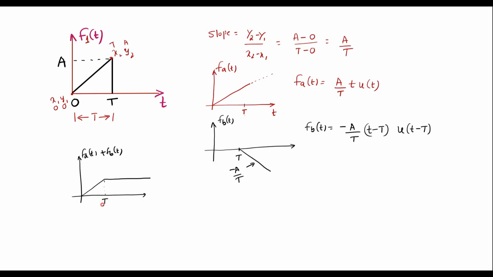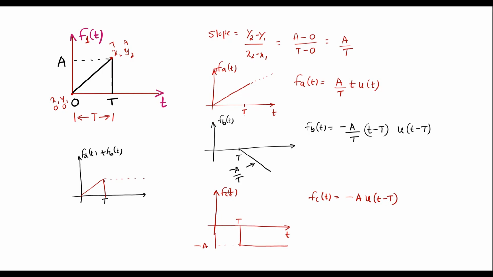To make it 0, I will add one negative step signal at t equal to T of magnitude minus A. Let that be my next signal, fc of t, which is a negative step signal added at t equal to T of magnitude minus A. Now if I add fa of t, fb of t and fc of t, the signal will become like this, because the positive step of magnitude plus A is added with minus A, it will become 0. So fc of t is minus A u of t minus T.